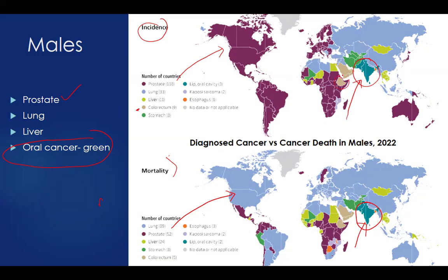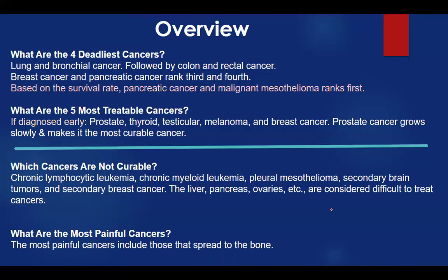We have certain parts of Africa, a huge amount in Saudi Arabia, and also death from that as well. Once colorectal cancer is diagnosed, the survival rate is poor. So they are extremely deadly.